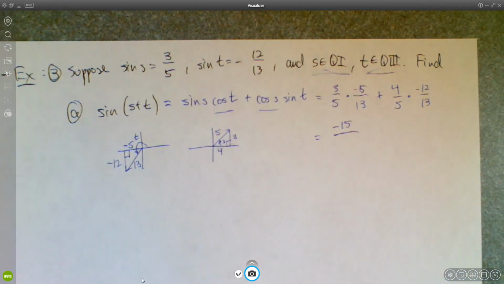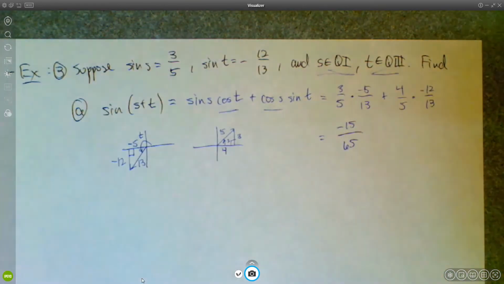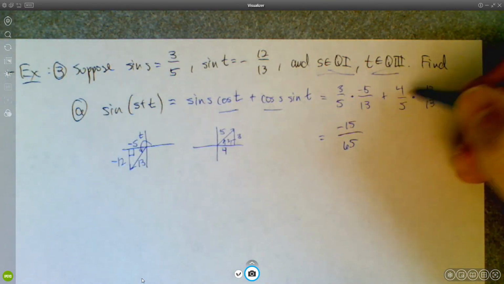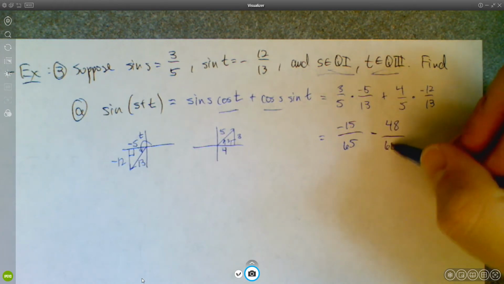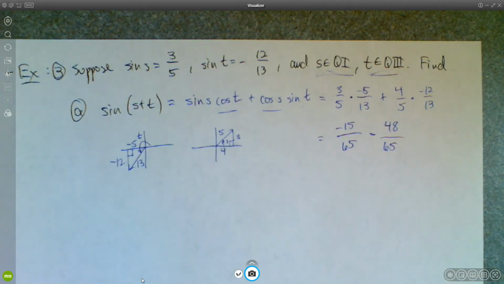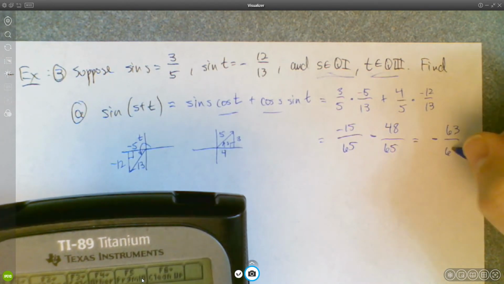Ooh, let me check. 5 times 13, 65. Ooh, good thing I checked, right? 65. And then 4 times negative 12 is negative 48 over 65. Negative 15 minus 48 is negative 63. So you get negative 63/65.